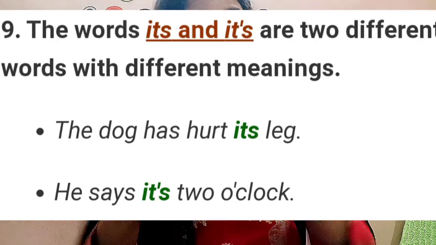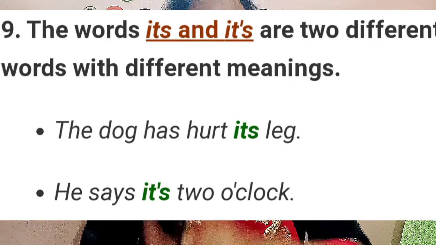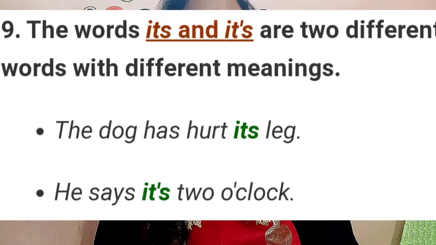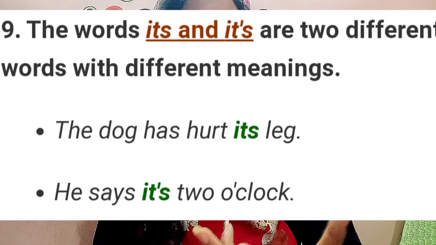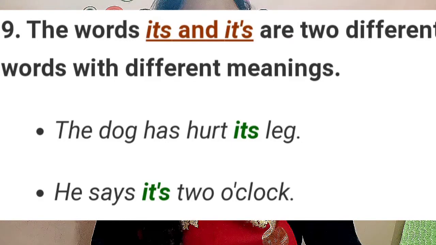The dog has hurt its leg, it refers to the dog. This is the basic difference, and we tend to make quite a number of mistakes deciding which is which. If we understand this basic thing, we won't make further mistakes. Let's move on to the next one.